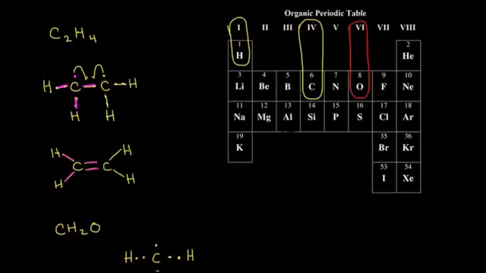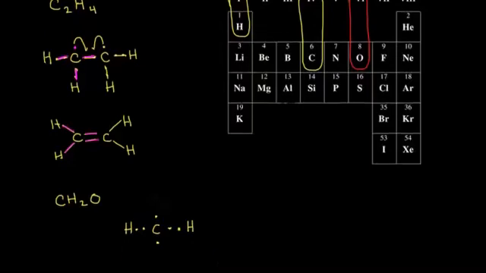So I can go ahead and put in my 6 valence electrons for oxygen. And so we'll go 1, and then 2, and then 3, and then 4, and then 5, and then 6, like that. And when I start connecting my bonds here, I know there's a bond between carbon and hydrogen on the left.